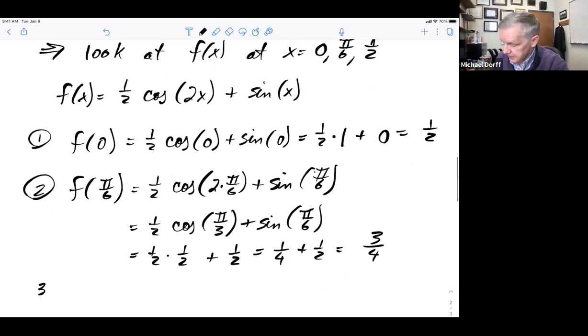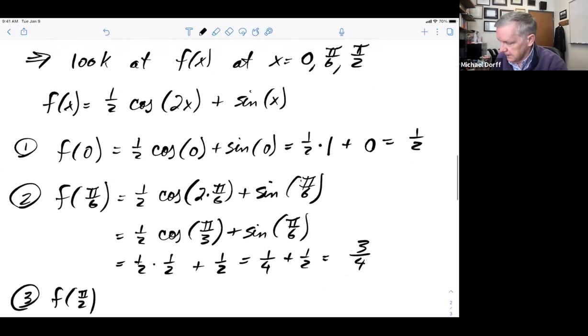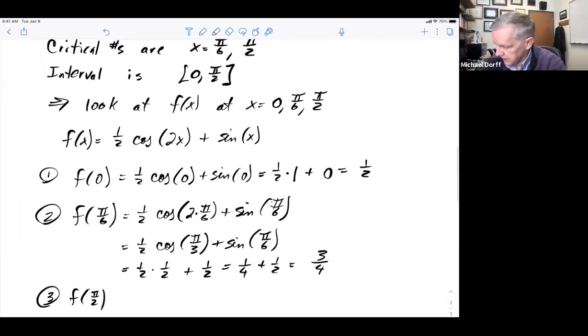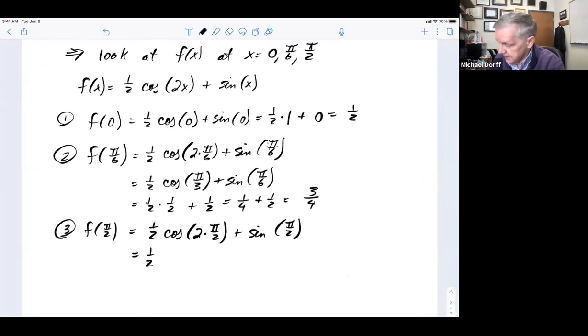Okay, and then the last one we have f of pi over 2. So we have 1/2 cosine of 2 times pi over 2 plus sine of pi over 2. So that's 1/2 cosine of pi plus sine of pi over 2.